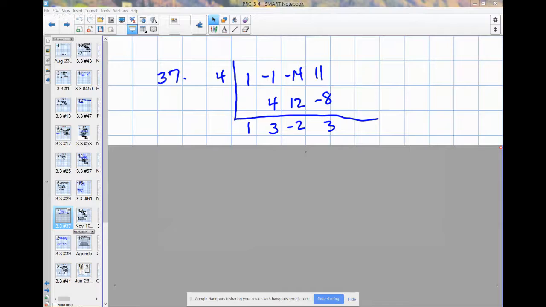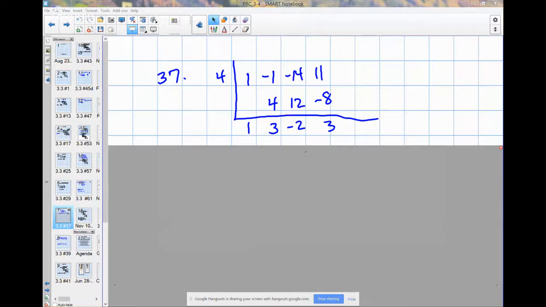This is the section where it says in the book, express the function in the form f of x equals x minus k times q of x plus a remainder. So in other words, express it as a multiplication. I know that last part I never talked about either. So anyway, here's problem 37.